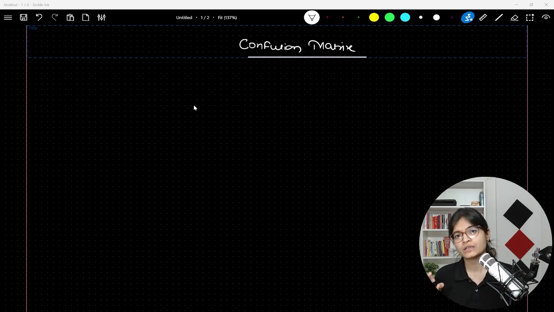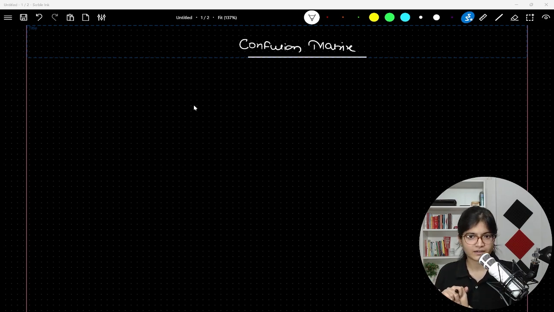So we will take that same use case, and with the help of that, we will try to understand the complete idea about this confusion matrix. Let me tell you, this is one of the confusing topics for many learners. And if you pay attention till the very end of today's video, you will get a better understanding of the same.